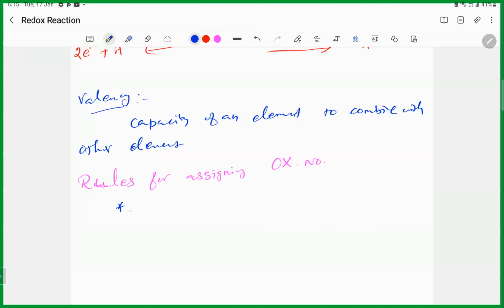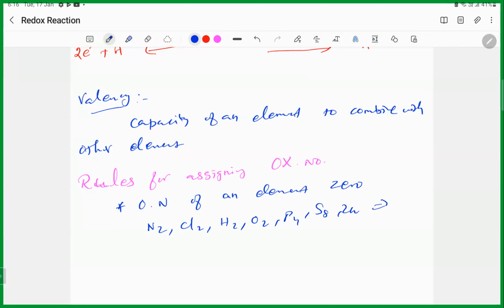Rule number one: the oxidation number of an element in its elementary state is always 0. For example, N2, Cl2, H2, O2, P4, S8, zinc. So each element is 0.